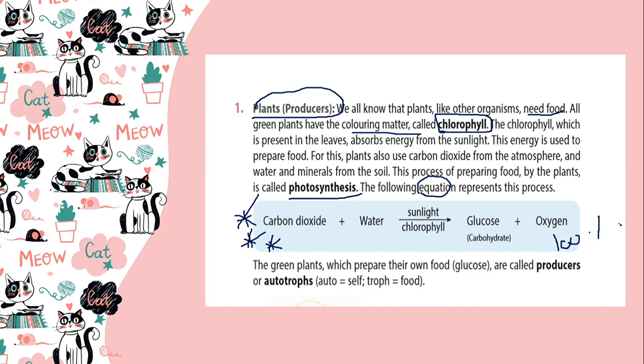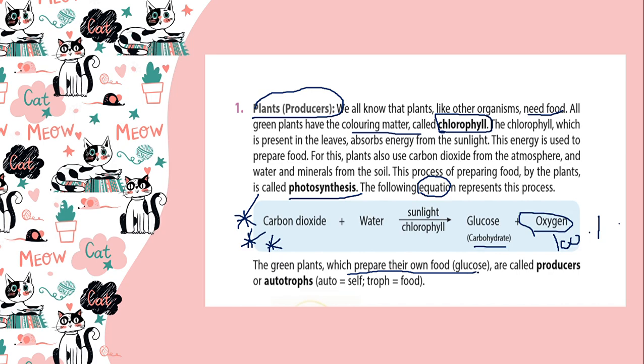Carbon dioxide and water, in the presence of sunlight and chlorophyll, the plants prepare glucose, which is a carbohydrate, and oxygen. This is in your book, so you must have already read it, but this is the most important thing of the chapter.